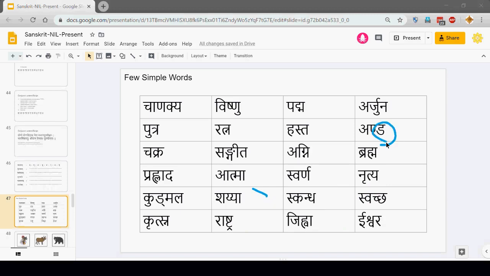If you want to write dra, it's written like this, dra.